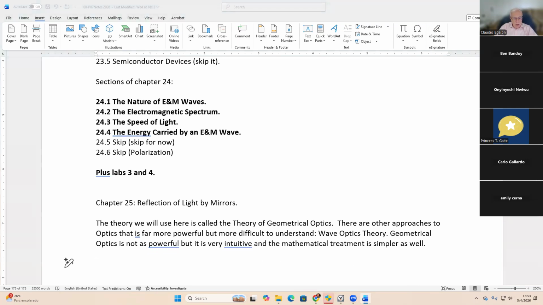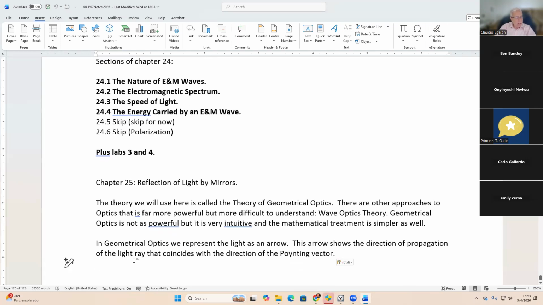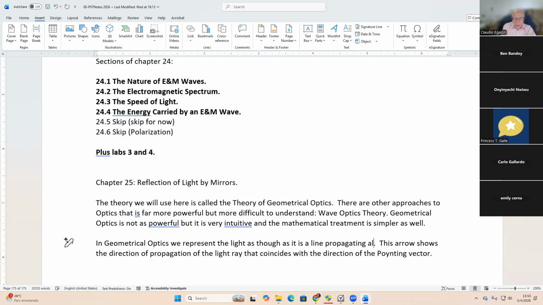In geometrical optics, we represent light not as an arrow, but as a line propagating along space.